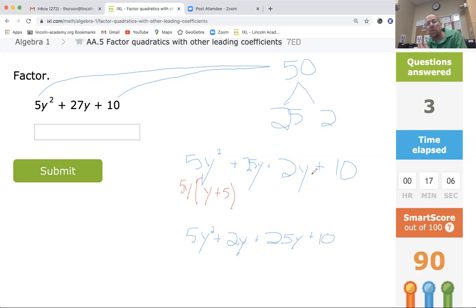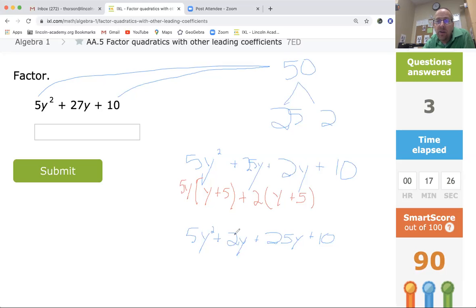And then what's in common with these last two? Yep, a 2. Which leaves a y plus 5, which gives us the exact same two sets of parentheses, which is what we want. So we can factor out the y plus 5, leaving a 5y plus 2.